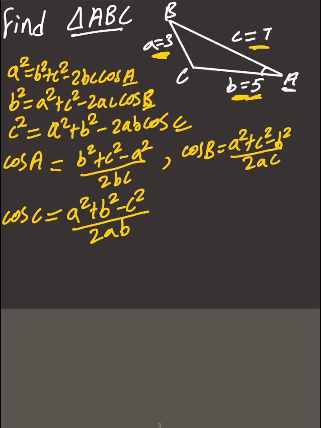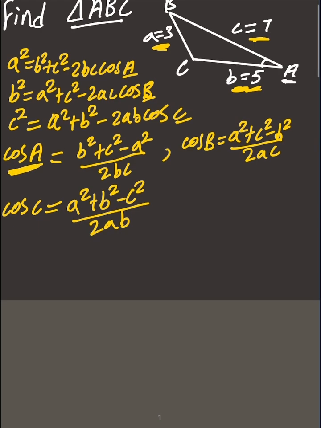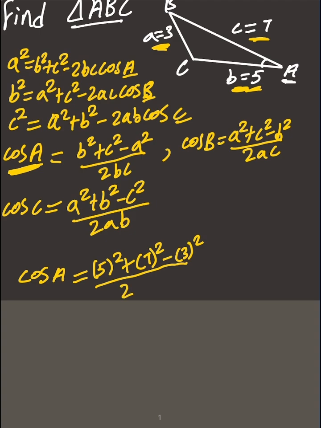So for cos of A, we know that b is 5, so 5 squared, plus c squared, c is 7, so 7 squared, minus a squared, and a is 3, so 3 squared, all over 2 times b, which is 5, times c, which is 7.